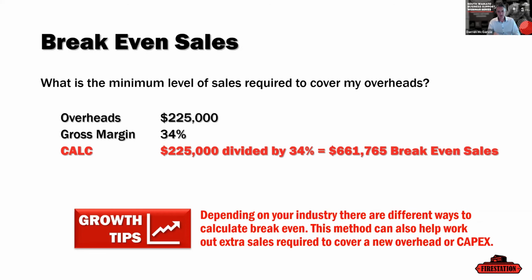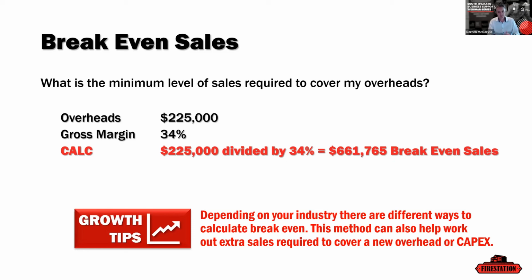Which leads me to break-even sales. Once you've worked out your gross margin, you can do a very simple calculation where you take an overhead, or all your overheads, and divide that by your gross margin, and that will tell you how much sales you need to cover that one overhead or all of your overheads. For instance, if you're about to put a new cost into your business, like a new person with a new salary, you take the salary and divide it by the gross margin, and that will tell you how much new sales you need to generate just enough gross profit to cover that new salary.